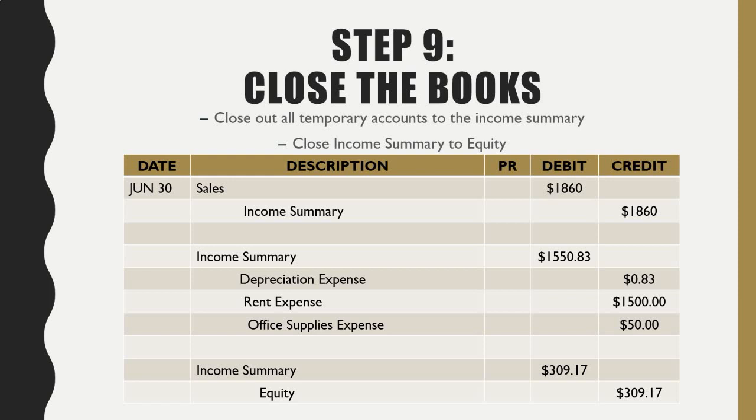But if you have a credit in your income summary, you need to debit your income summary and credit your equity, because you're closing out your income summary to your equity. That is you reinvesting the money back into your company. And then you could choose to either do an owner's withdrawal there or not.